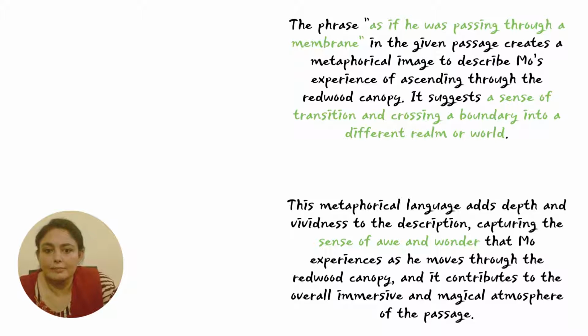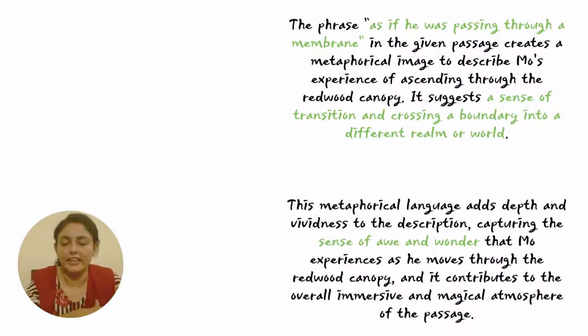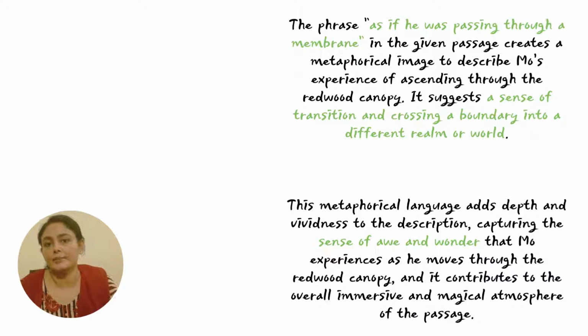Another model example that I have picked is as if he was passing through a membrane. Now, the use of the word membrane implies a thin and very delicate barrier that separates two distinct places. Of course, you know that he was first on the ground and then he climbed up the tree, and there he is exploring himself in a very different world, the world of leaves, the world of branches.